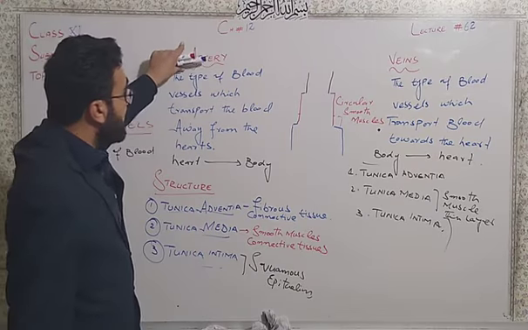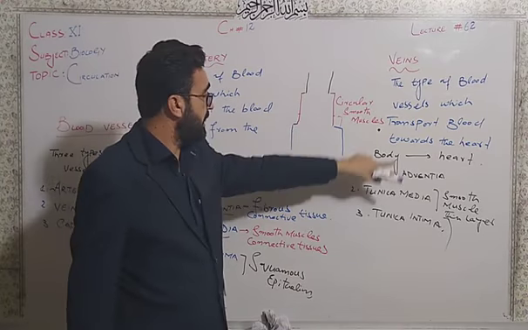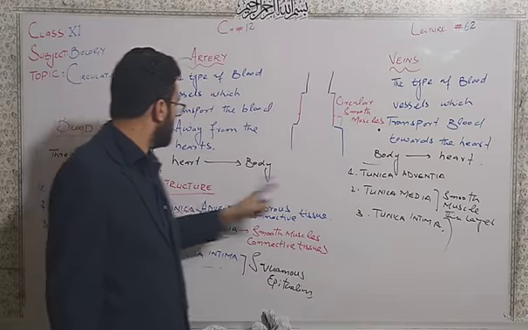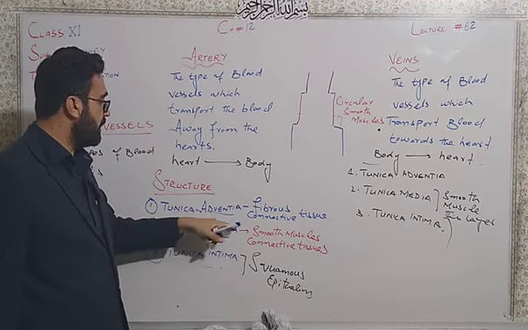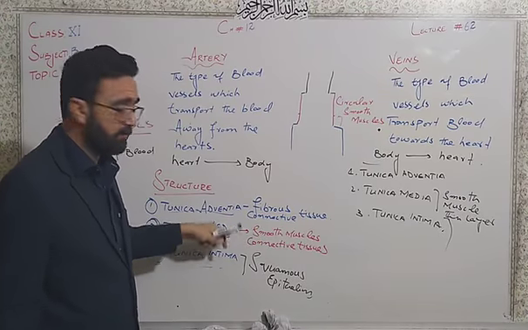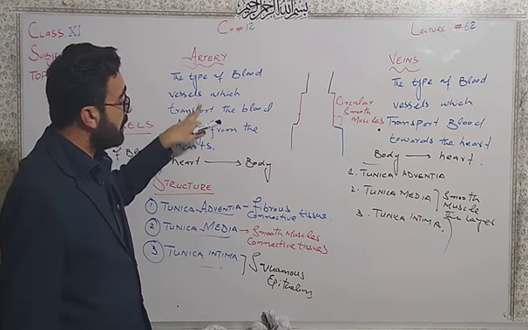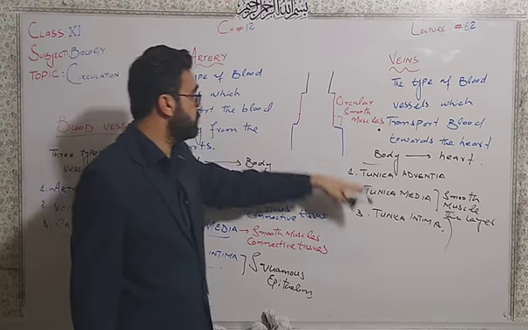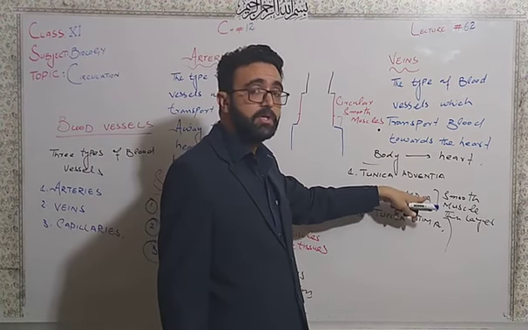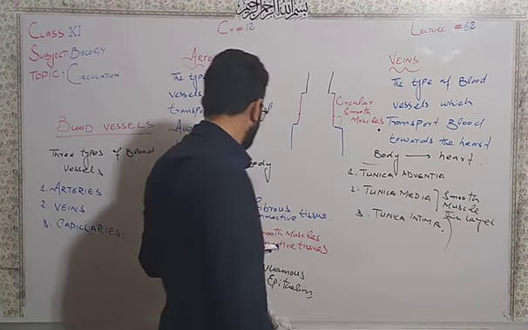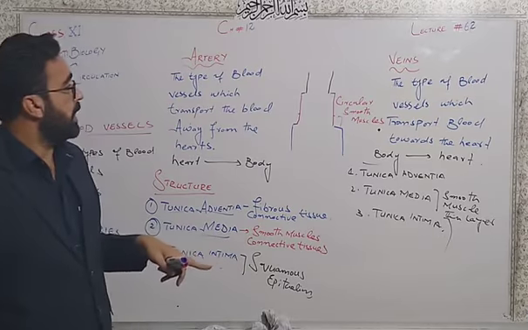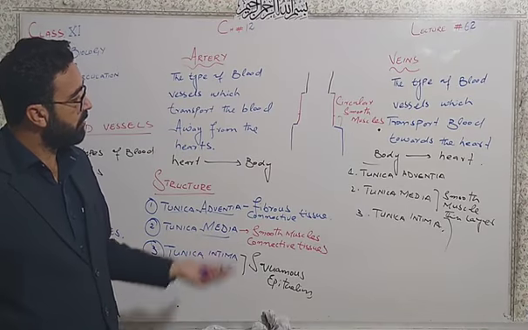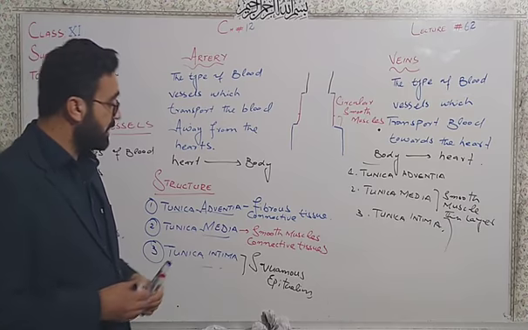The walls of the arteries are thicker than the veins in the respect that the tunica media of the arteries has 2 to 3 layers of circular smooth muscle, but in veins you have just 1 layer of circular smooth muscles along with connective tissue. And veins are different from the arteries in the sense that they have valves.